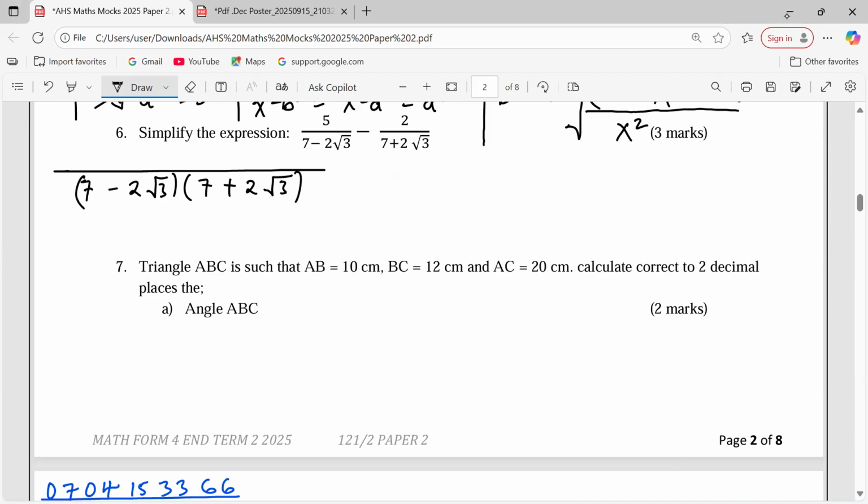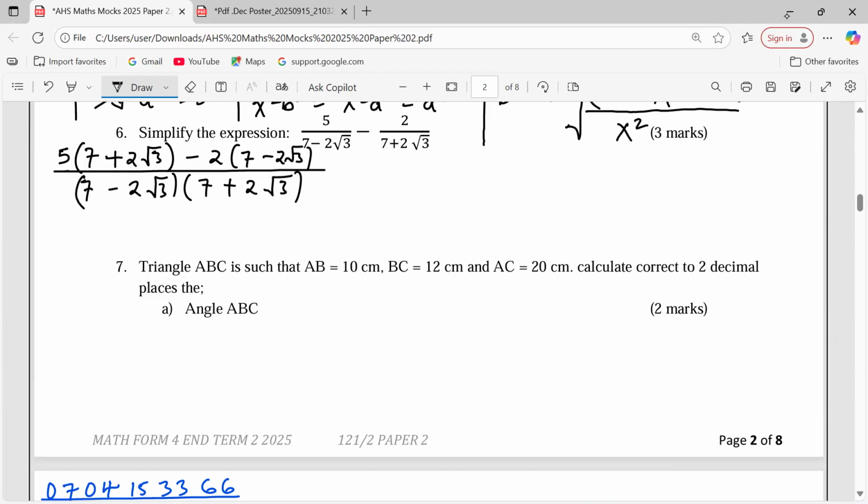LCM divided by the first denominator, we will get, then multiply by the numerator, we'll be having 7 plus 2 root 3, then minus 2 multiplied by the same LCM divided by the second denominator, we'll get the part with a minus. So 7 minus 2 root 3.